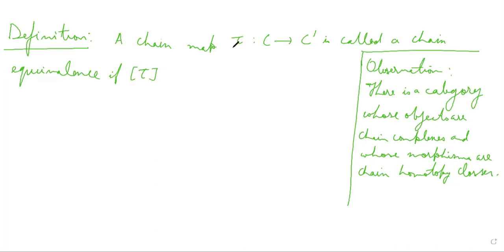Now, a chain map tau from C to C prime is called a chain equivalence if its homotopy class is an equivalence. This is a morphism from C to C prime in this category.